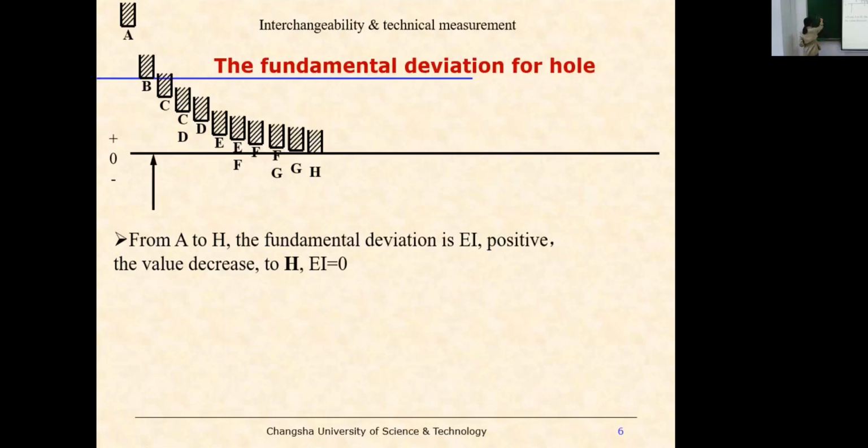This is F. F is here, right? Its fundamental deviation is here. Its position is here, right? So if I give you F8, you should know the IT8 grade, and this deviation, this value or this value, you should know from the table.